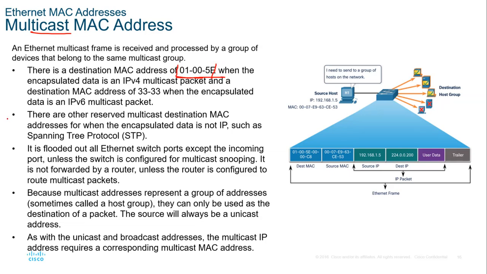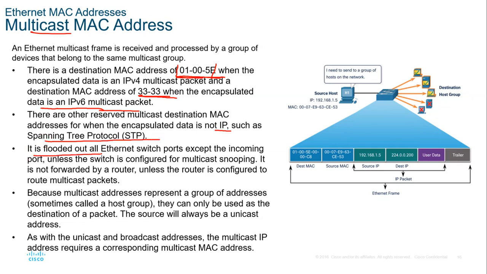So when the encapsulated data is an IPv4 multicast packet, the destination MAC address begins with 01-00-5E, and it begins with 33-33 when the encapsulated data is IPv6. There are other reserved multicast destination MAC addresses for when the encapsulated data is not IP, such as spanning tree protocol.